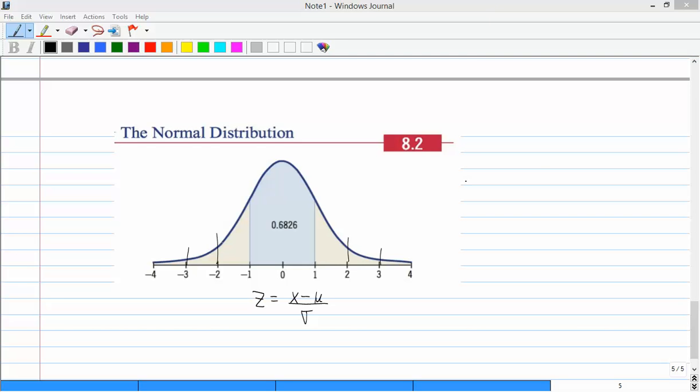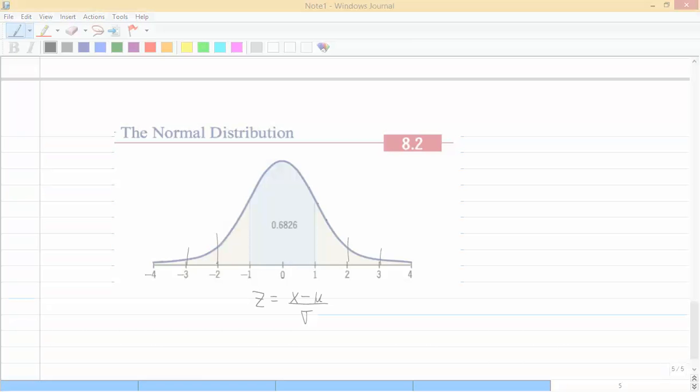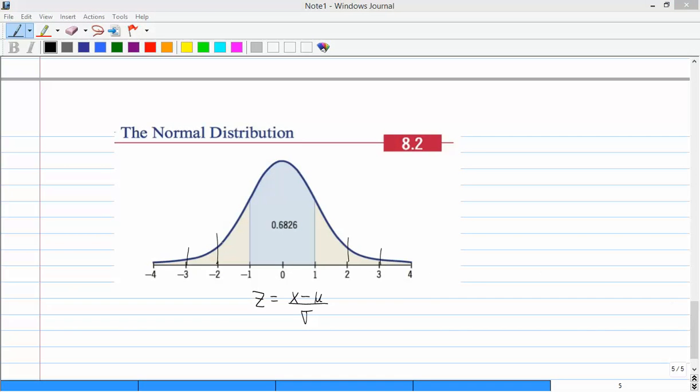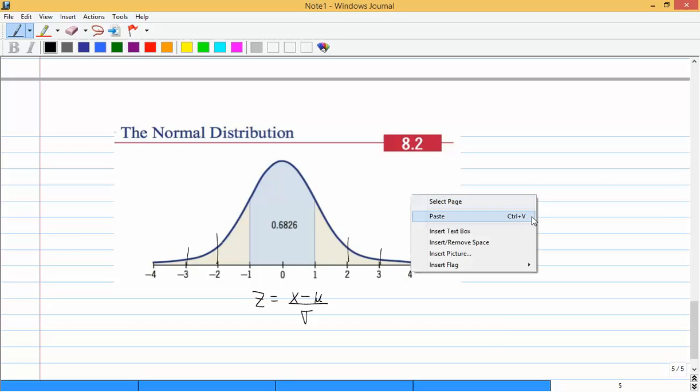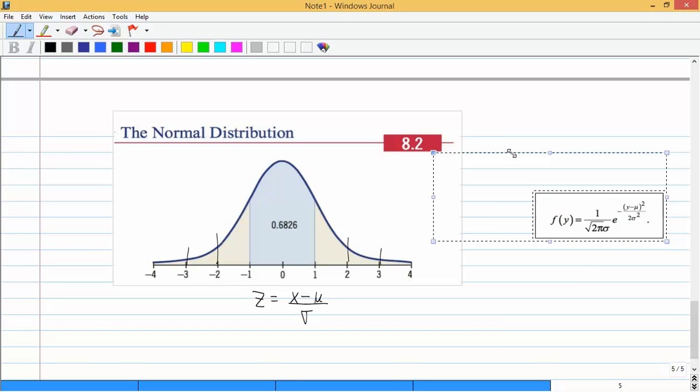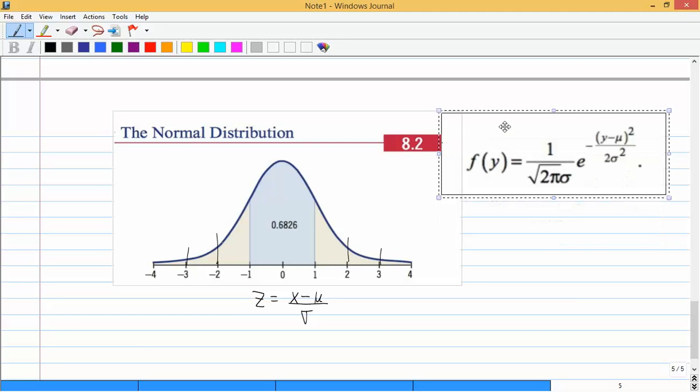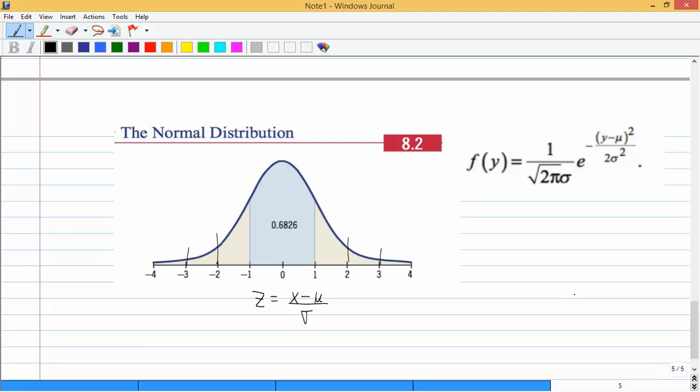Well, the density function is, like I said, a little bit more complex than what we've been doing. Let me show you what it looks like, the density function for a normal distribution. When I show you this, you'll probably just say no thank you, because it is a lot more complex.